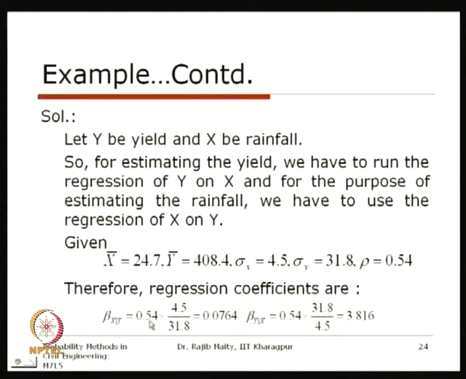So, beta x given y, that is when we regress x on y, is the correlation coefficient multiplied by the ratio of the standard deviations. So, we get 0.0764, and on the other hand when we regress y on x, the beta coefficient will be 3.816.